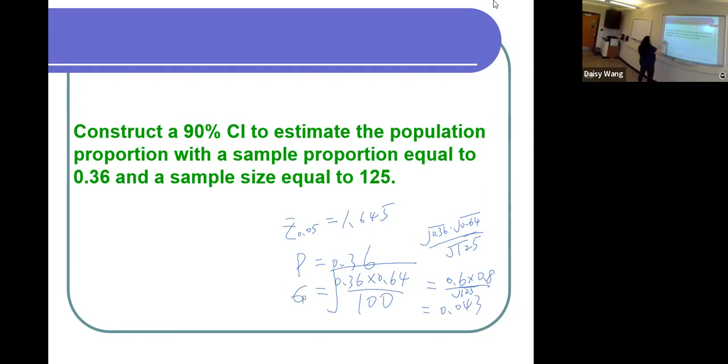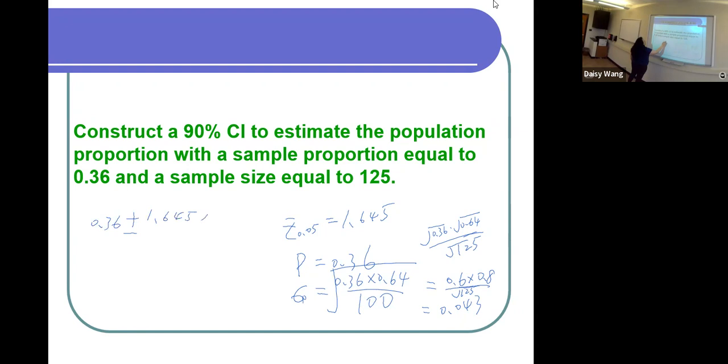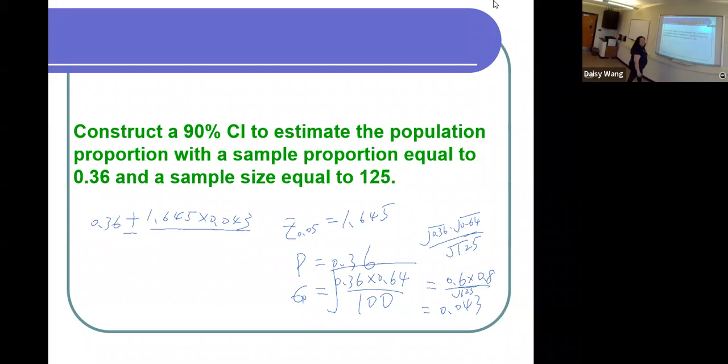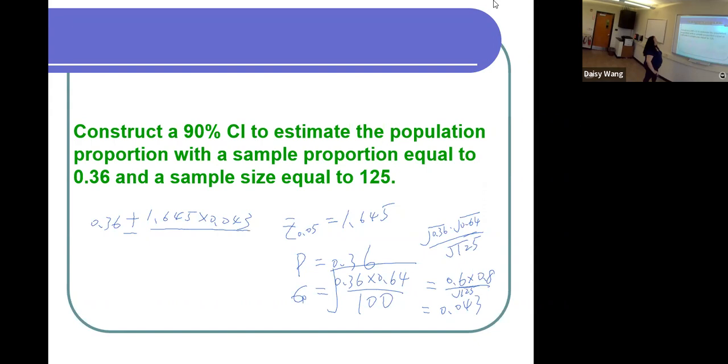Okay, so the confidence interval will be 0.36 plus minus 1.645 times 0.043. What is this one? Then the margin of error is 0.07.